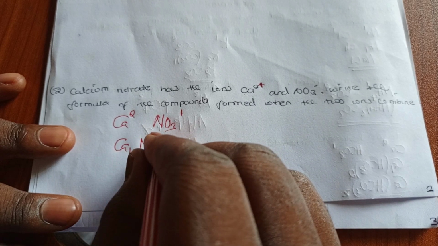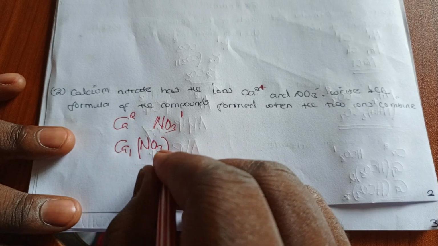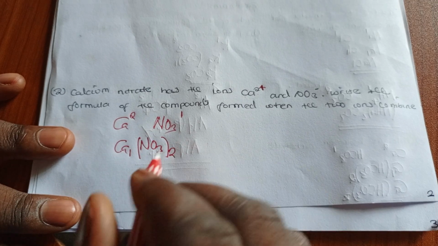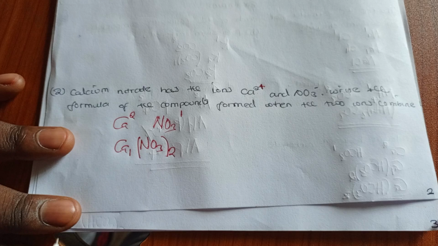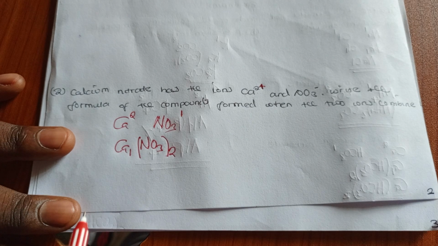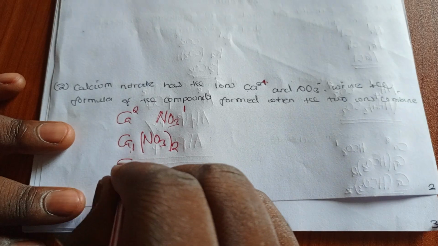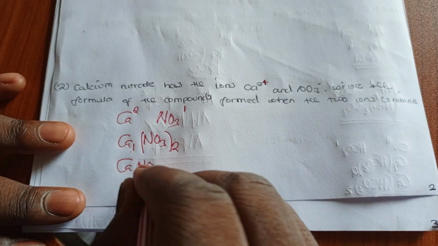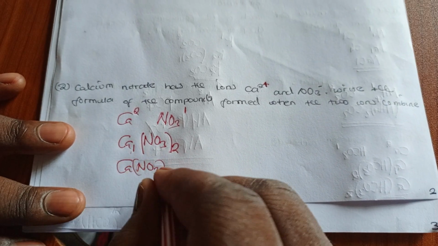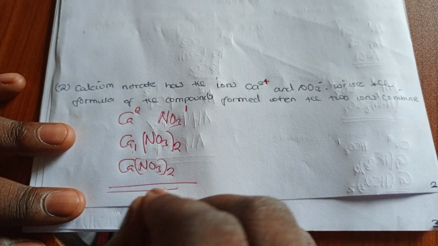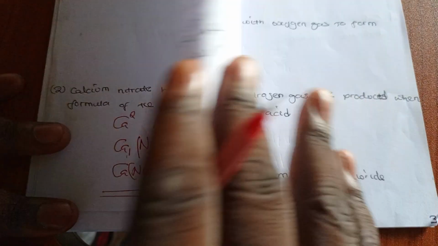Don't forget, we'll always write the bracket and put a 2 here, because otherwise it will be wrong. Then you ignore the 1, so it will be calcium nitrate like this, with 2 here. It's the formula for calcium nitrate.